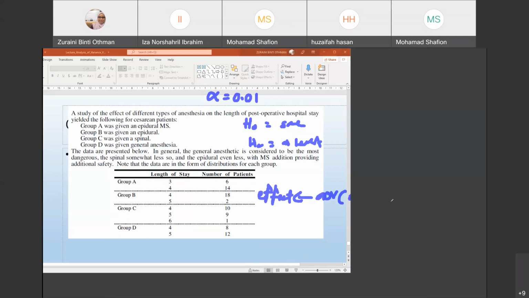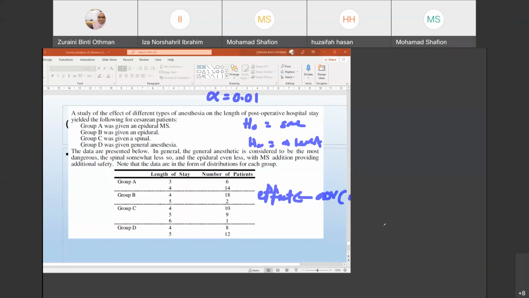For example, the relation between the effect on the length of post-operative hospital stay, where we want to know the different types, which we name as the type of anesthesia that they get, by the length of the stay.